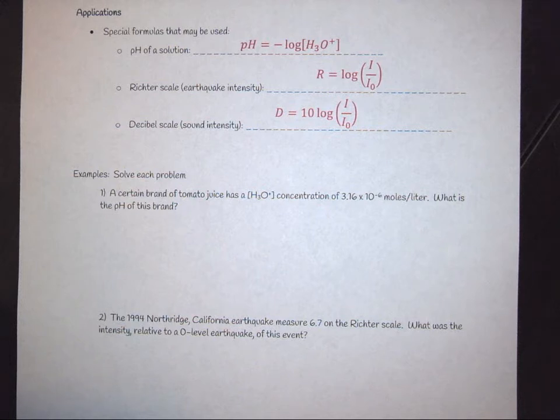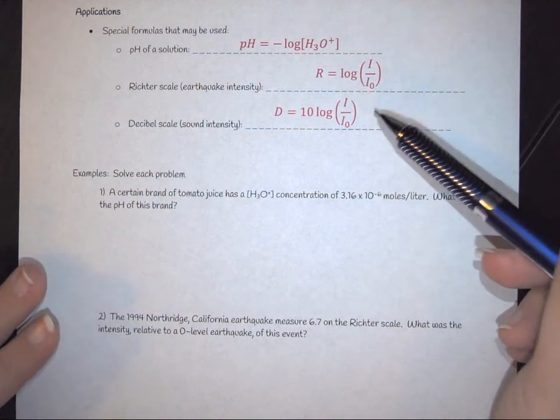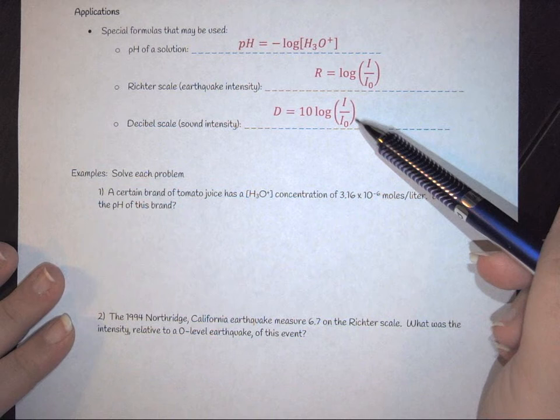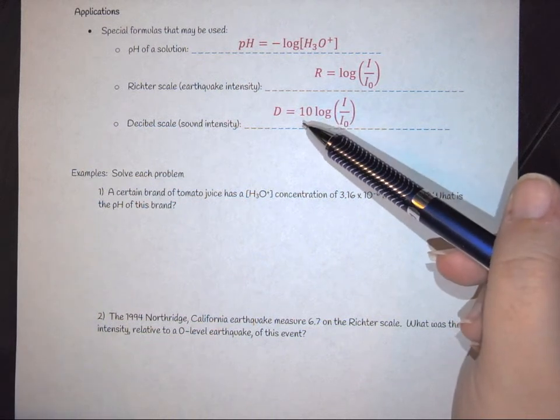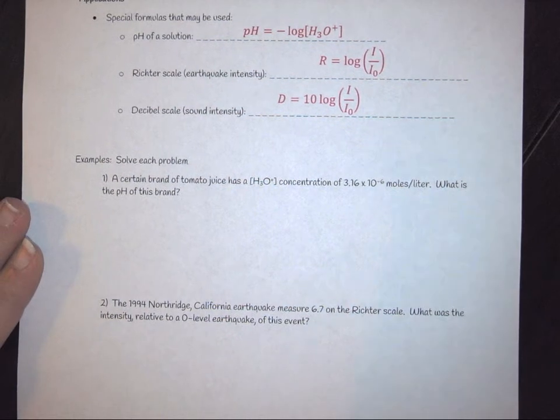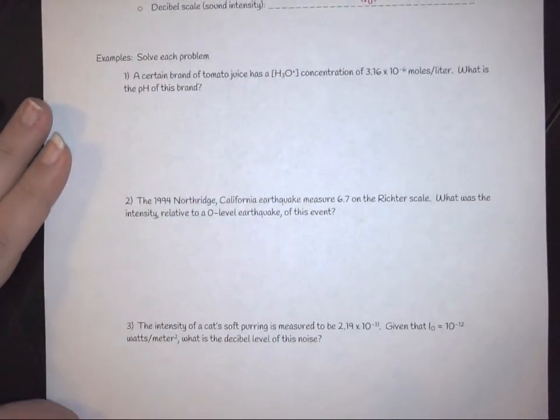And then they can use that log formula in order to calculate the actual Richter number for that earthquake, and that's where those come from. That same principle is used with your sound intensity with one difference. We multiply by 10.